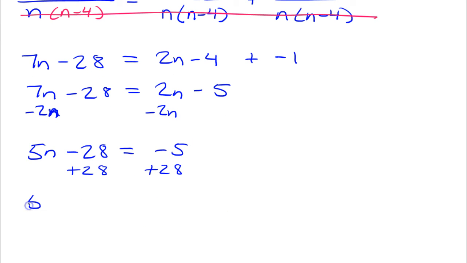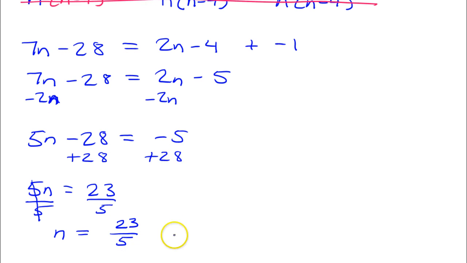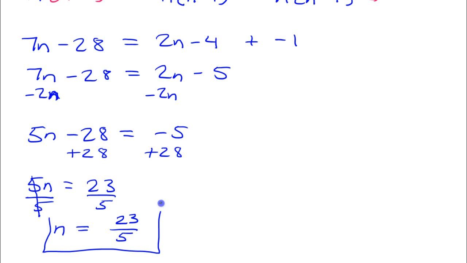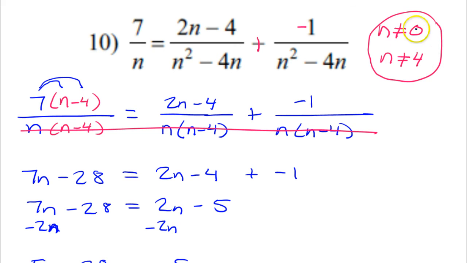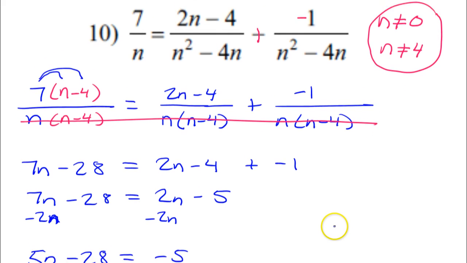So I've got 5n equals 23. Yep. And so then when I divide both sides by 5, I get n equals 23/5. And as long as that's not one of my excluded values, we're good. Okay, and it isn't. So that's it.